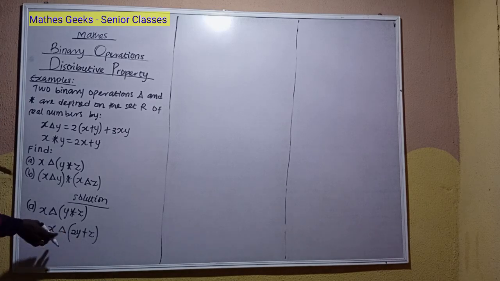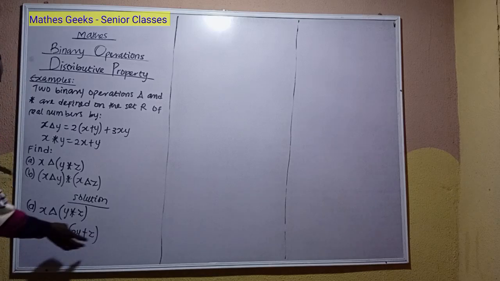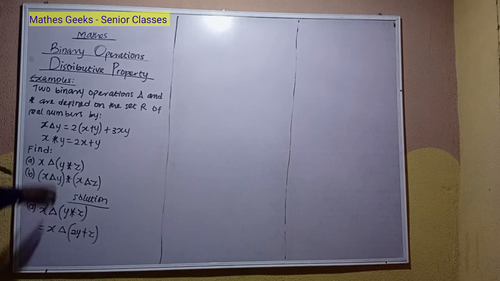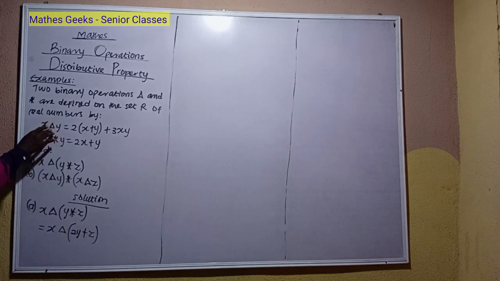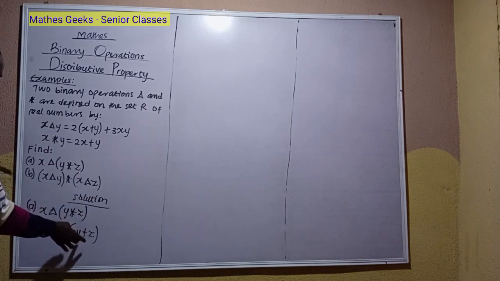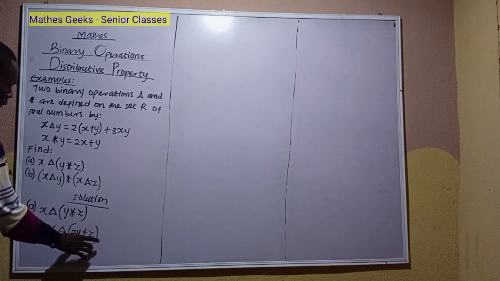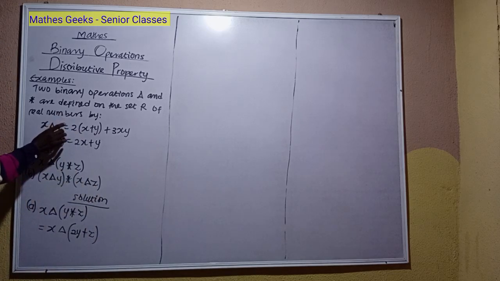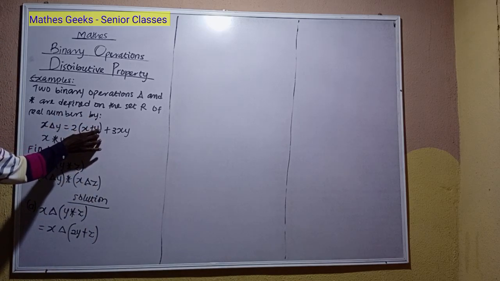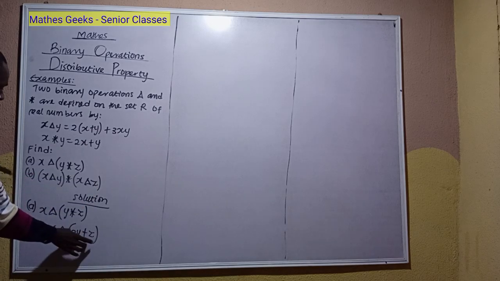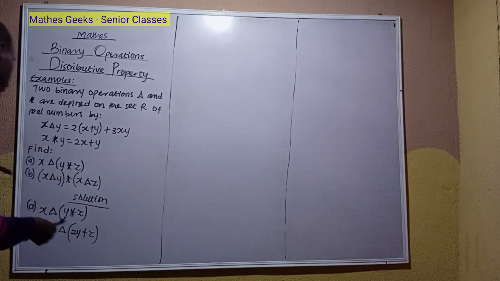So next we are going to combine x to what we have in the bracket. So this operation is here: x star y. Now x is the same as x here, then y is what we have here as y operation z. So the whole of this bracket is going to replace y here. Anywhere we have y in this equation, we're going to replace it by 2y plus z. So let's get our operation.